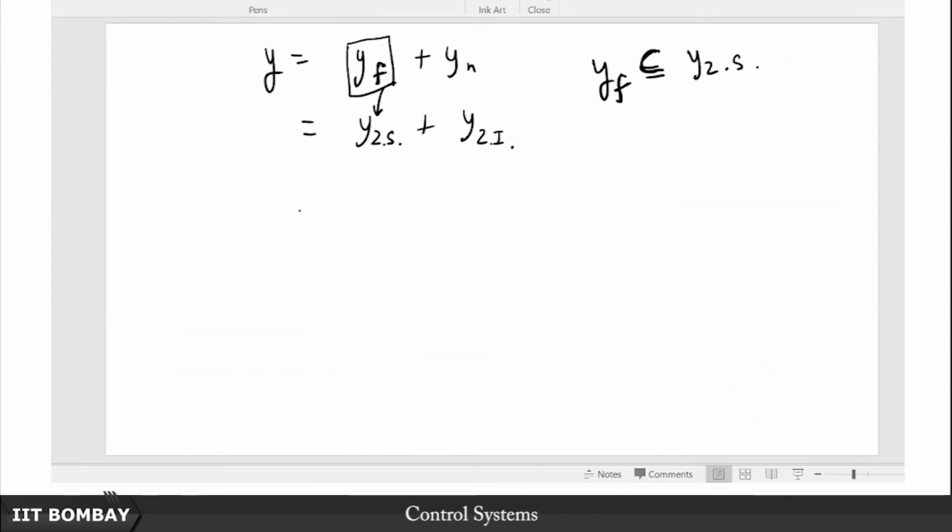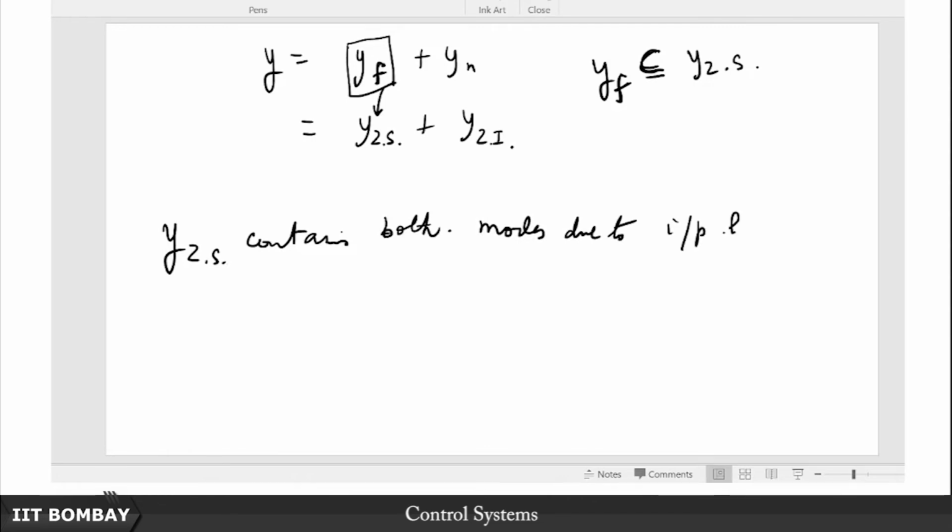So basically, to summarize in words, YZS, the zero state response when you have considered zero initial conditions, contains both modes: modes due to input and natural modes.